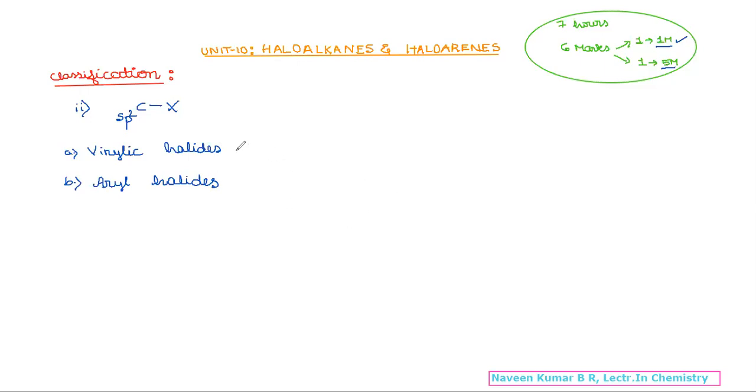If we take the first one, vinylic halides, you can recollect the same type of previous examples. Assume this is a double bonded carbon, CH2, CH, and instead of a CH2 group, directly to this carbon the halogen is attached. So if we expand the structure, it is CH2 double bond CH, and to this the halogen is directly attached.